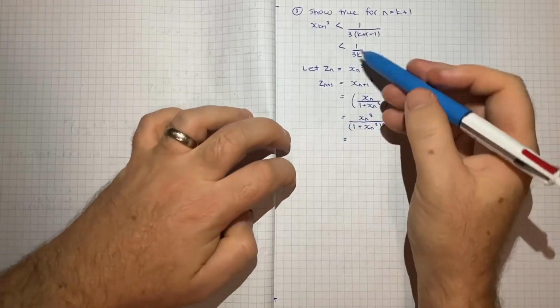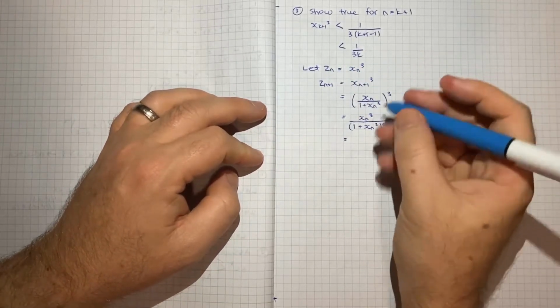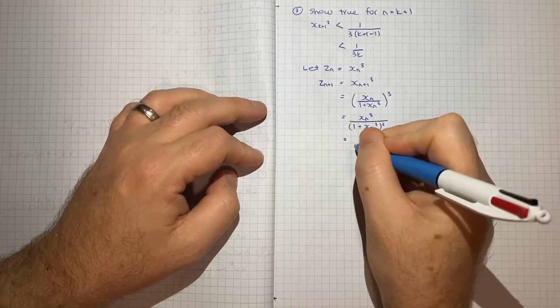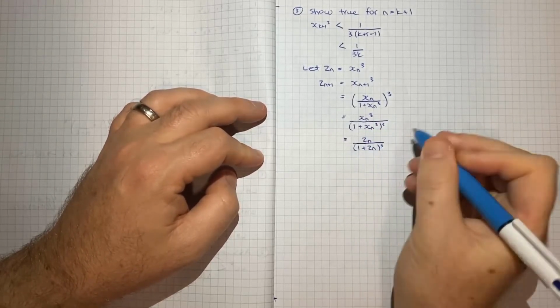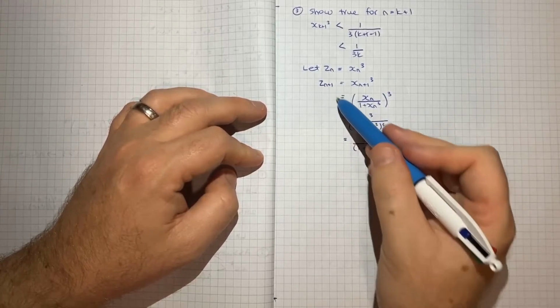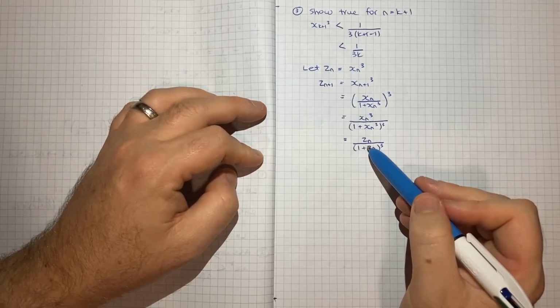Now if we think about what z_n was, what we defined it as, we can actually write that as z_n on 1 plus z_n, all cubed. So we've got this kind of recurrence relationship here between z_(n+1) and z_n.